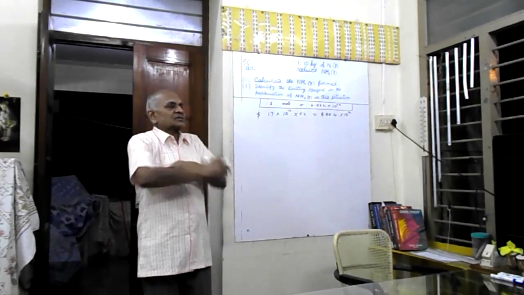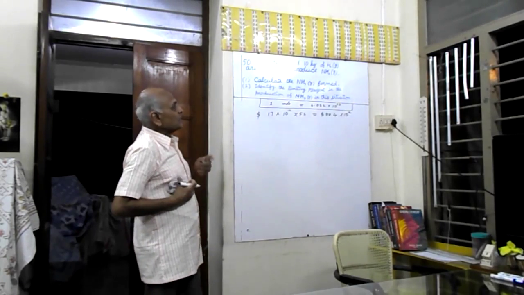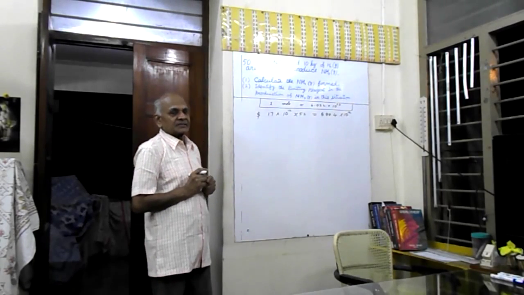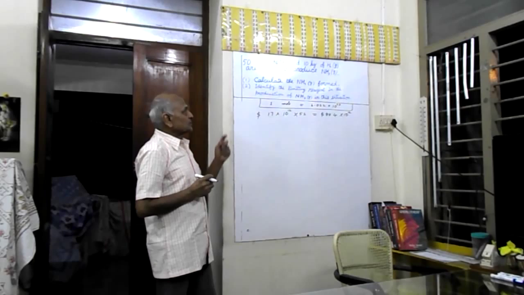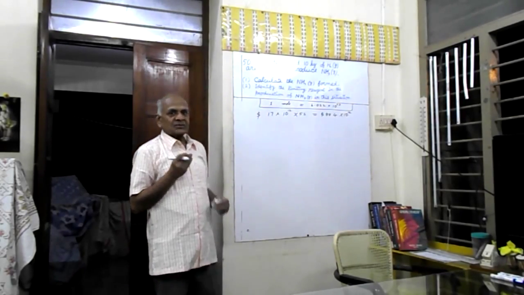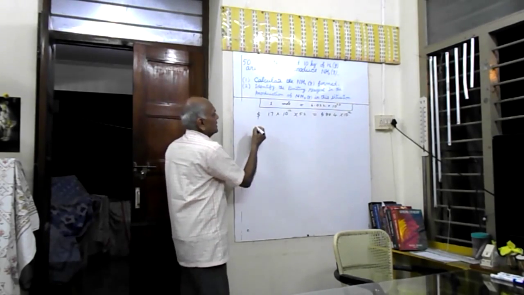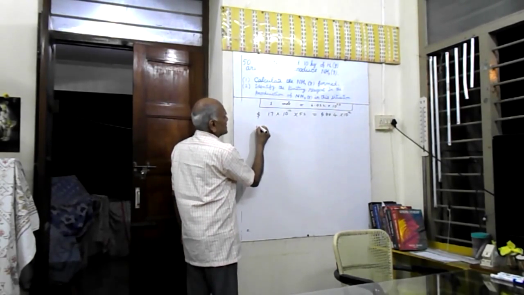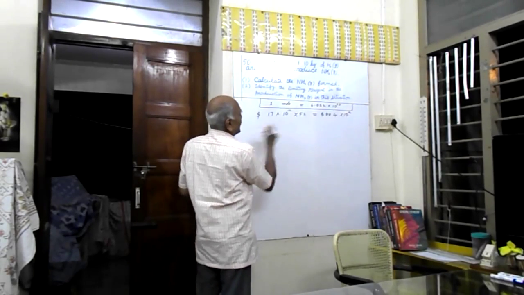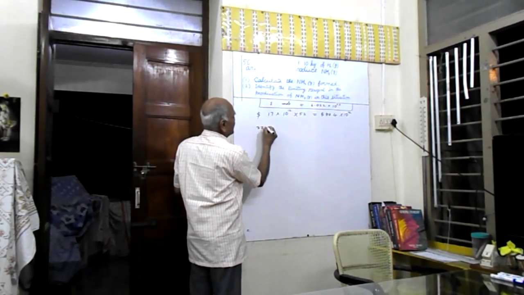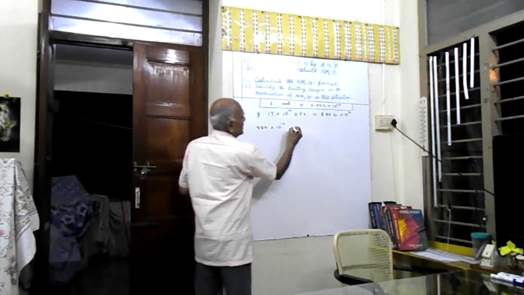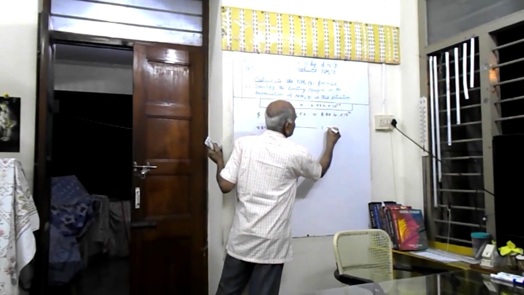If you have one mole of dollars, that will be the GDP of how many years of the USA? That is the question. For that again we can use the 4-box method. 884 times 10 to the power of 12 will be 1 year GDP.